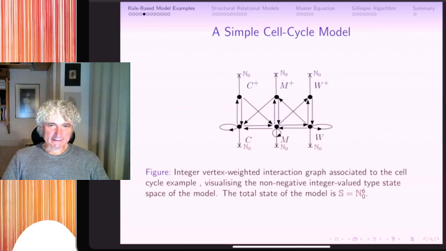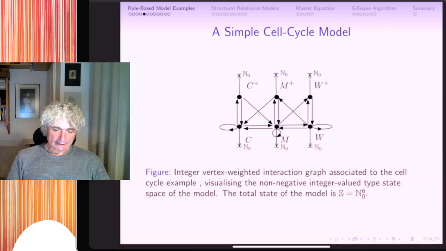So here we have the same, but in this context of rule-based models, I will give you a more precise definition of this rule-based model, which will be based on the complexes to the left and to the right of the rule arrow. So just have a look.